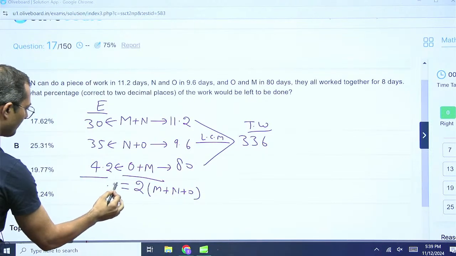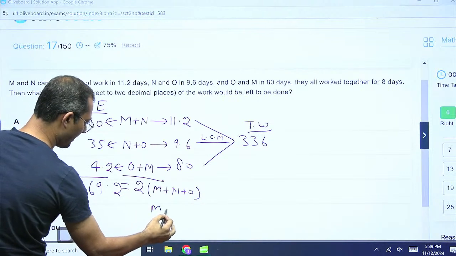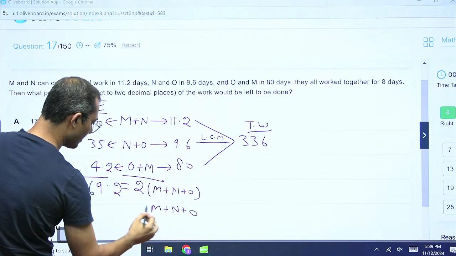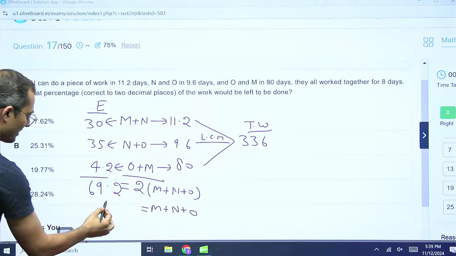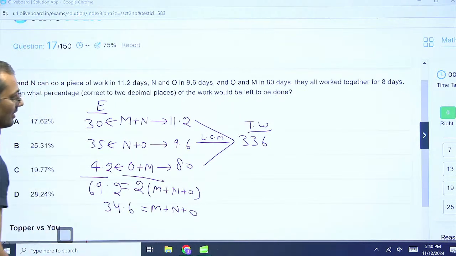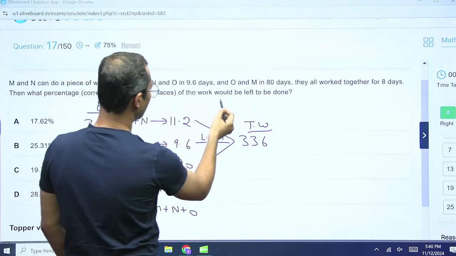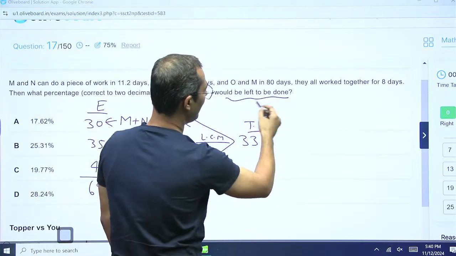Just add. So the efficiency of m plus n plus o is going to be what? Divided by 2, that is 34.6, right?